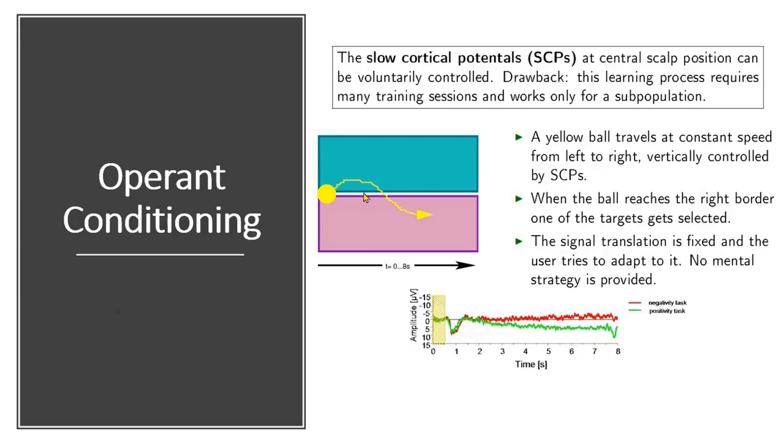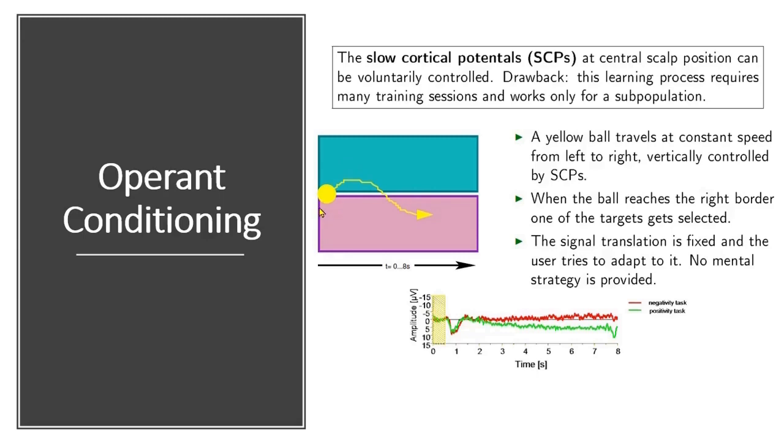In this specific example, the training is based on a similar paradigm called neurofeedback. You will sit in front of a computer. This is the monitor, and you'll have your EEG or some brain data acquisition system attached to your scalp, non-invasively. And your task will be to control this ball up and down.